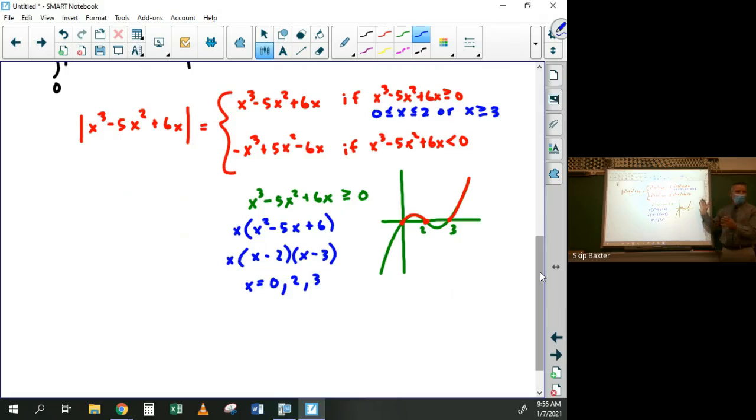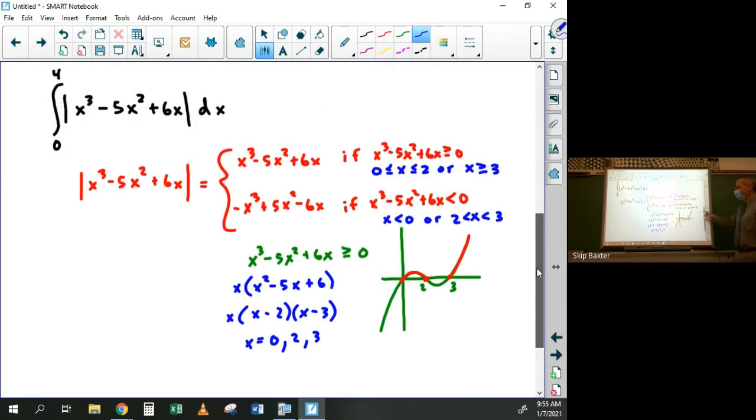All the endpoints are included, right? Because it's greater than or equal to. It's going to be negative on the other intervals. So it's going to be x less than 0 or x between 2 and 3. That's when it's negative. That's the hard part of these problems, figuring out the inequality for the intervals.